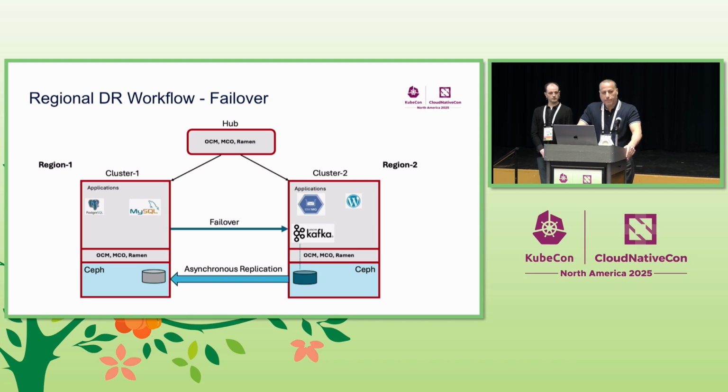Then we also have fallback, right? At some point, the user will decide that, okay, we need to fail back the application. In that case, the RPO is going to be 0.